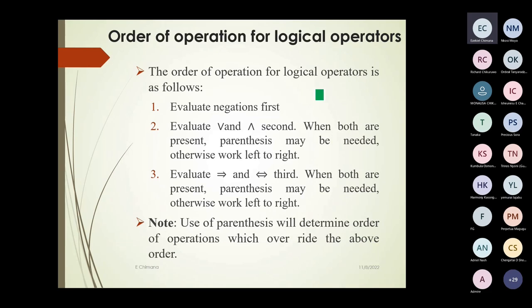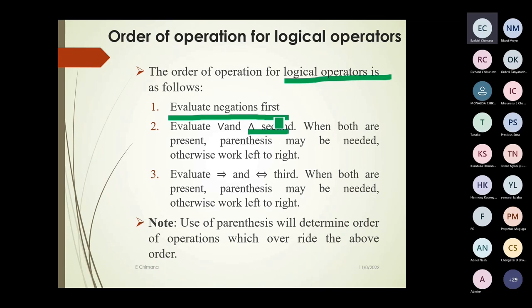The order of operation for logical operators is as follows. Evaluate negations first. So whenever there is a negation, evaluate the negation first. Then evaluate the or and the and second. When both are present, parentheses may be needed. Otherwise, work left to right.